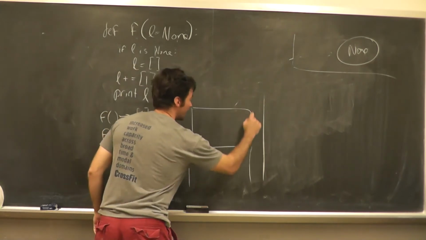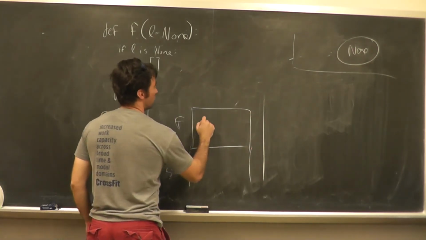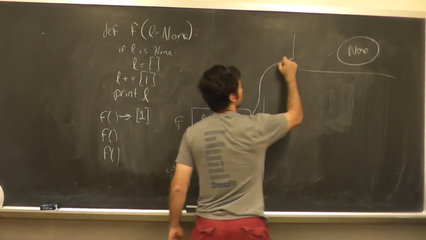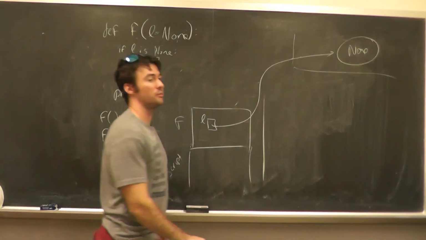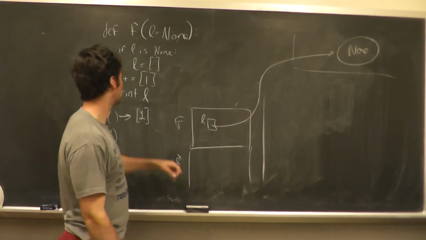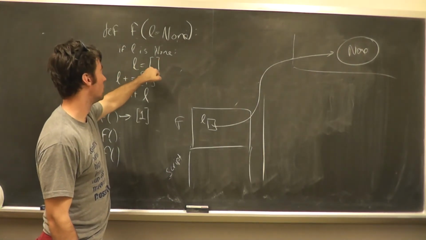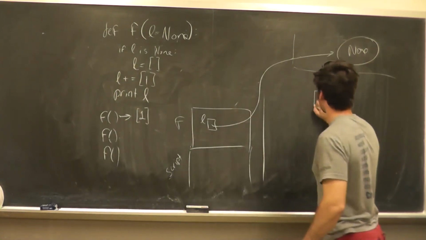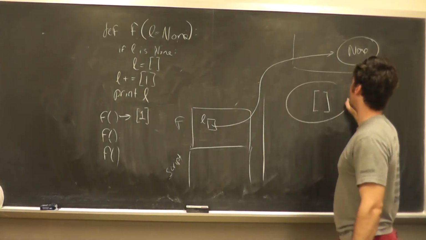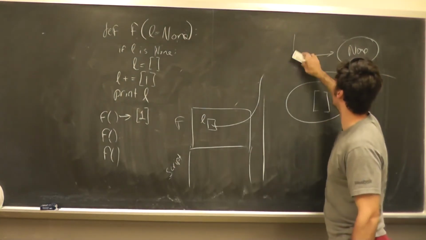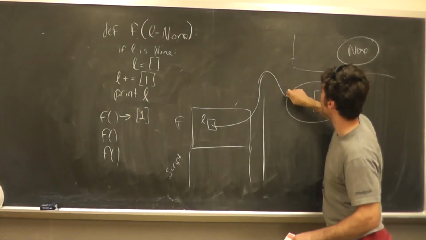When we call the function again, we call f, we get our new local variable L. It's a reference that knows to point to that place in memory, which is None again. So the next time we call it, L is None, so we create a new object in another place in the heap. Can't modify that, and L changes to refer to this thing.